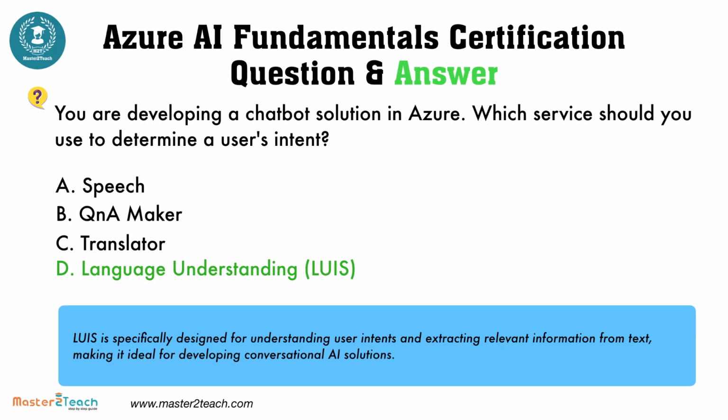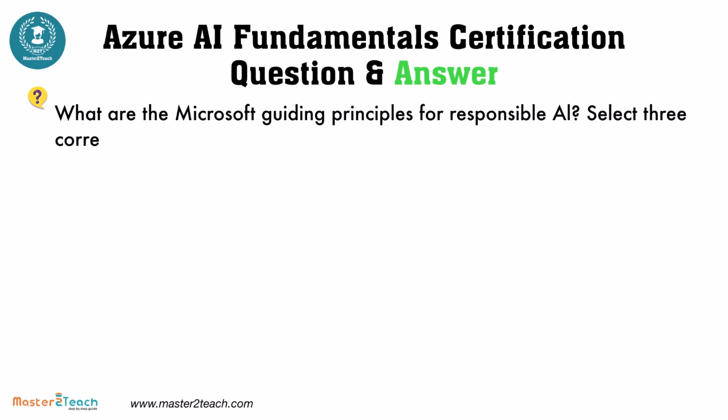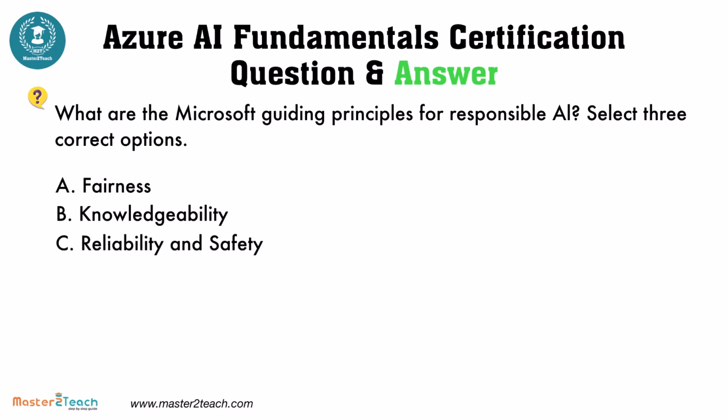What are the Microsoft guiding principles for responsible AI? Select three correct options. The options are A. Fairness, B. Knowledgeability, C. Reliability and safety, D. Inclusiveness.